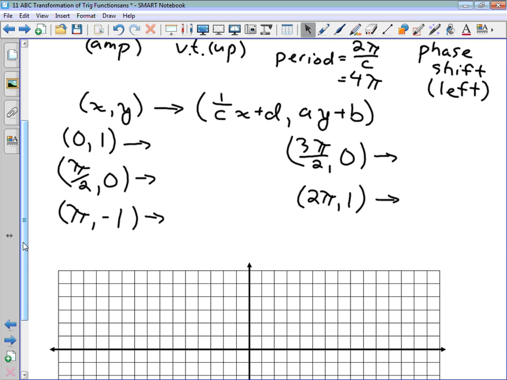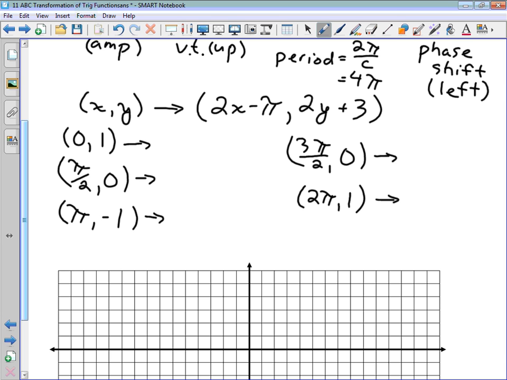So we should rewrite these using the values of a, b, c, and d that we actually have. So these are going to become, let's see, 1 over c is going to become 2, so (2x minus pi, 2y plus 3) is our mapping here.